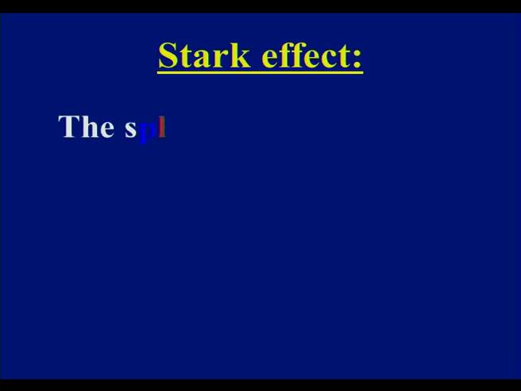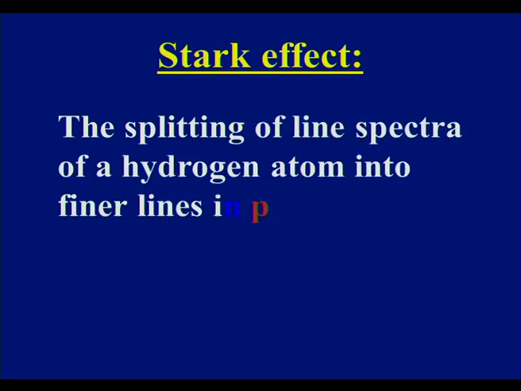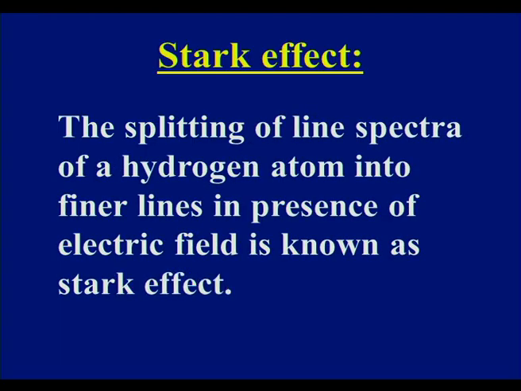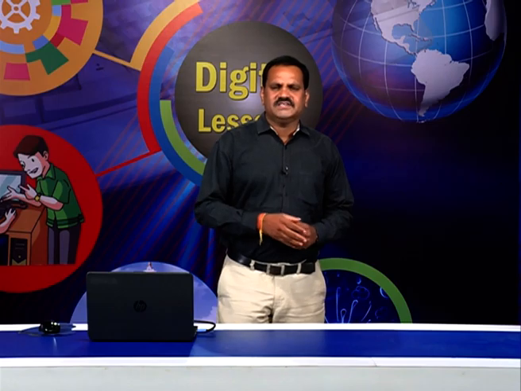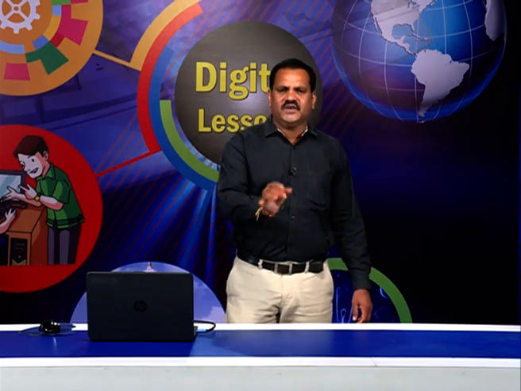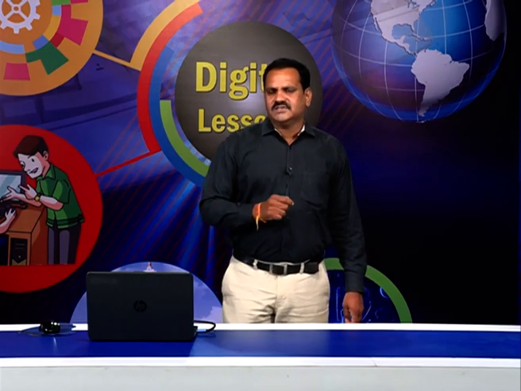Children, what is the Stark effect? The splitting of line spectra of the hydrogen atom into finer lines in the presence of an electric field is known as the Stark effect. Simply, you can say that the splitting of spectral lines in the presence of an electric field is known as the Stark effect.